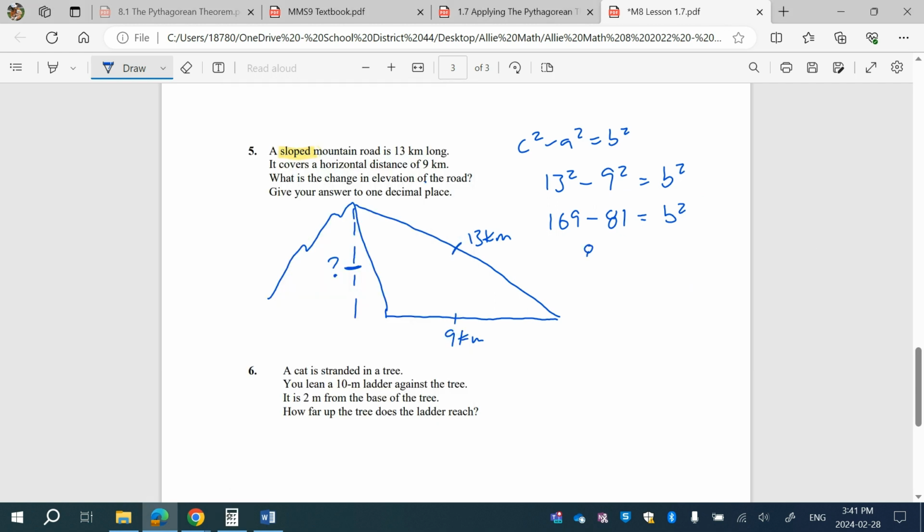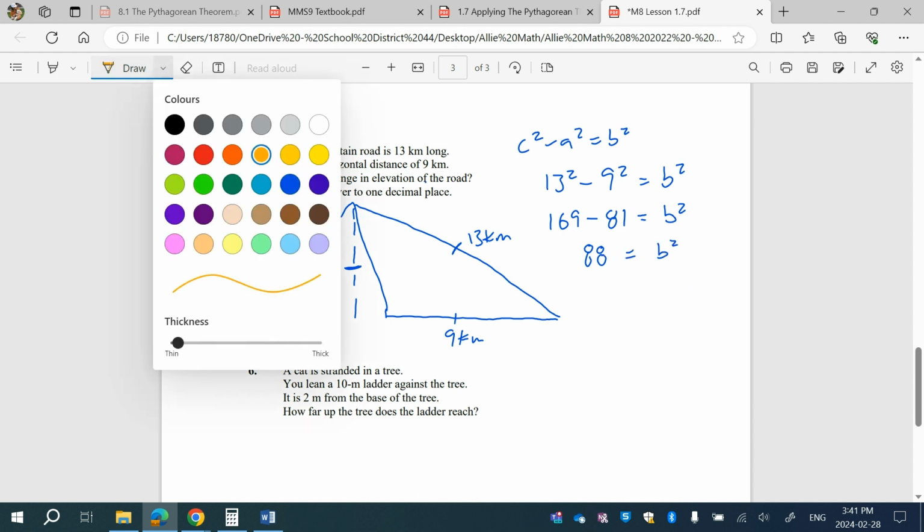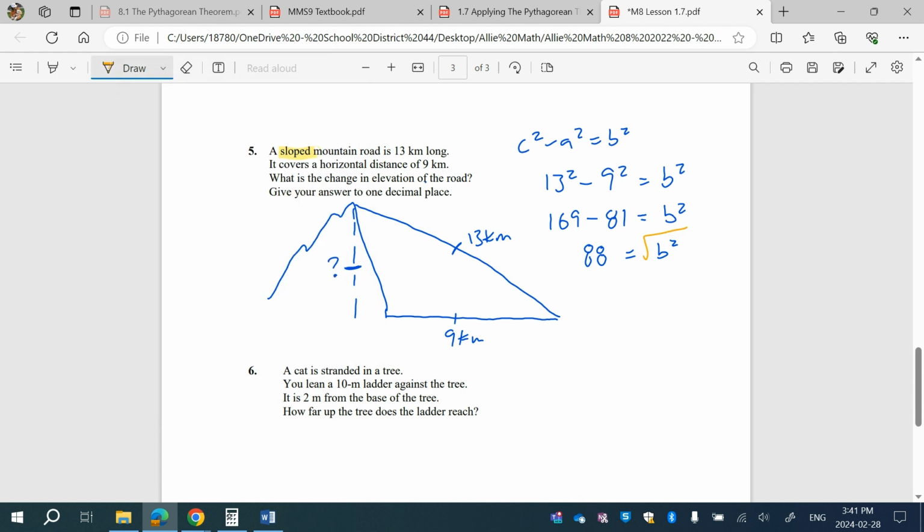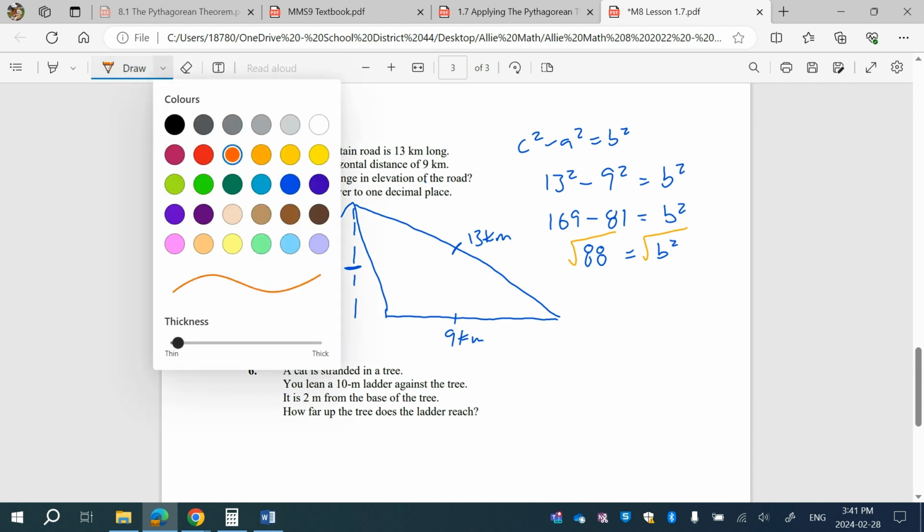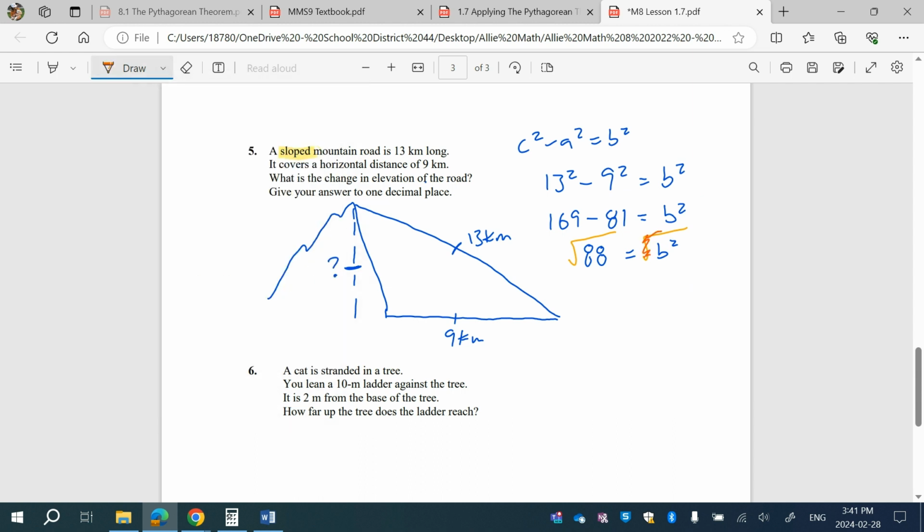So 88 equals b squared. Second to last step, it's not one of our celebrity numbers, so we know it's going to be a decimal. We're going to take the square root to get rid of that squared with our b. And what we're left with is that b is going to equal the square root of 88.